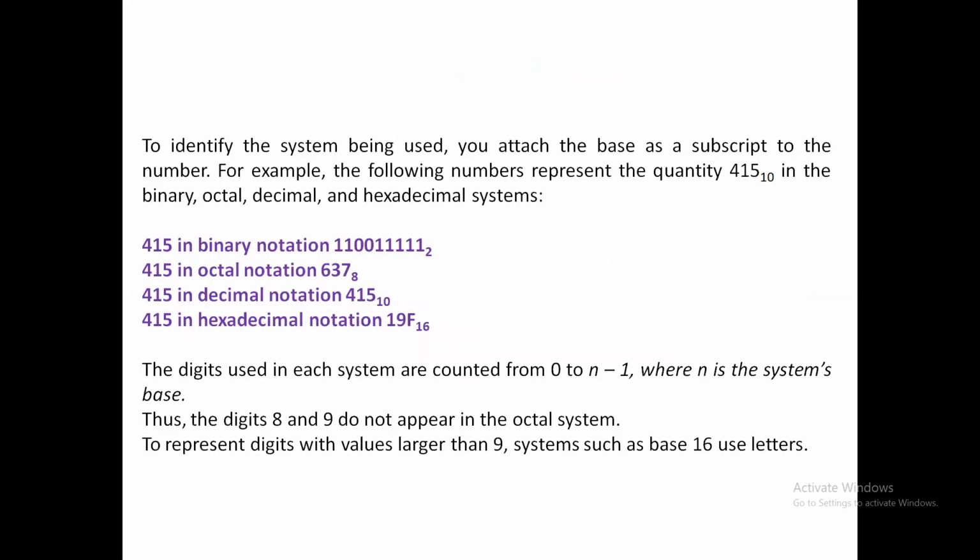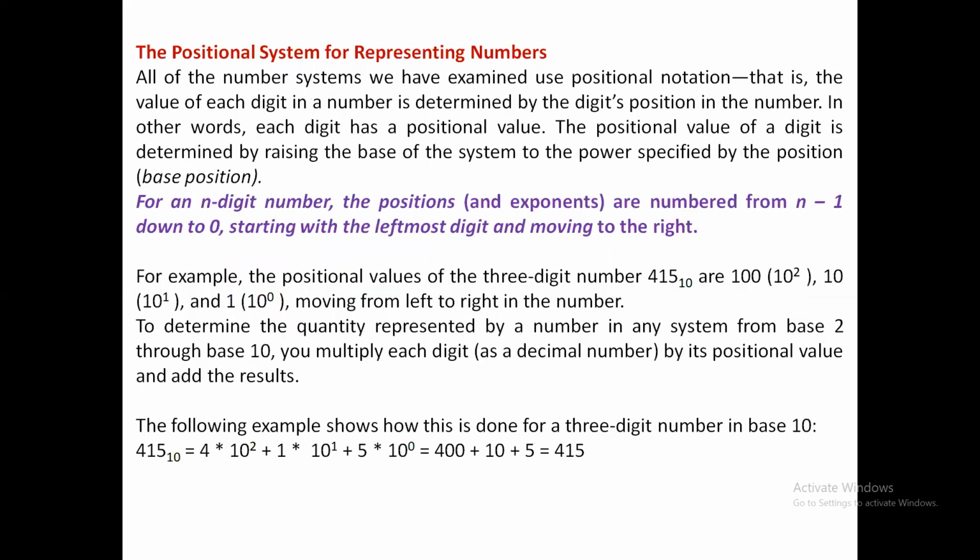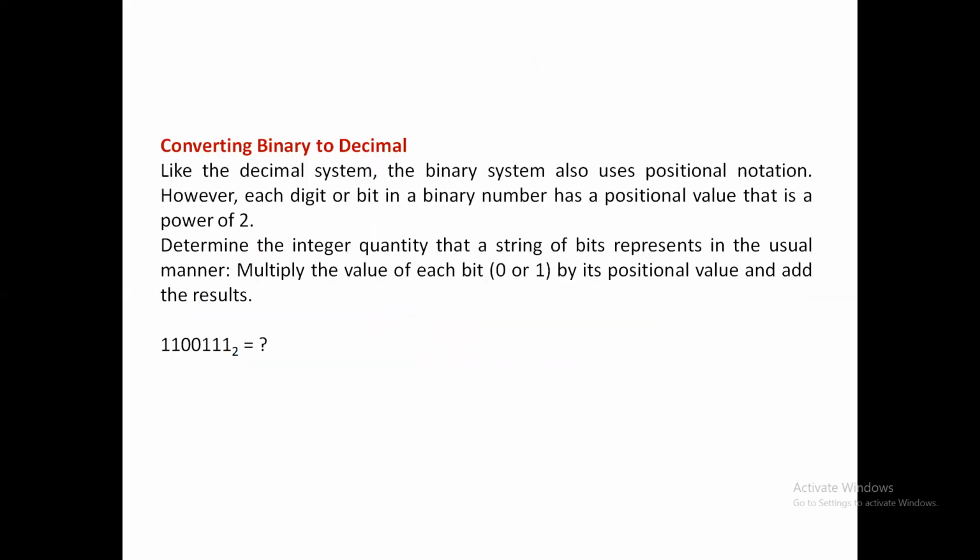Then we discussed about how these positional values are used to calculate the actual value represented by a particular number in a particular number system. So we have seen some examples also.